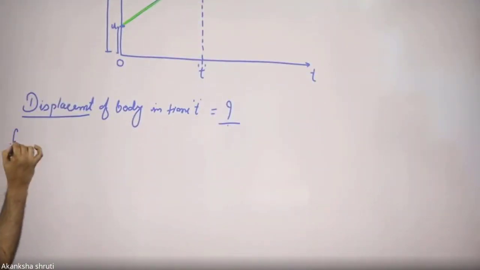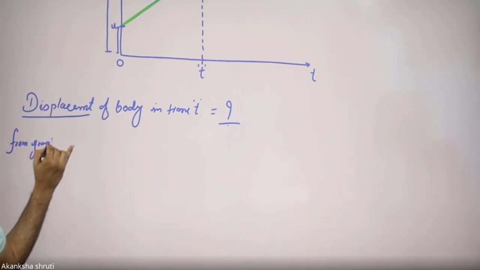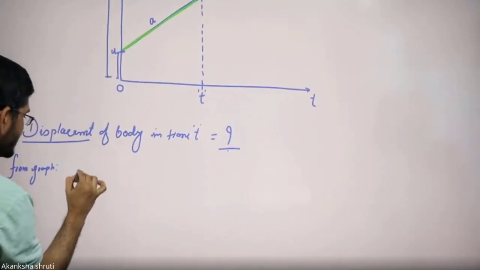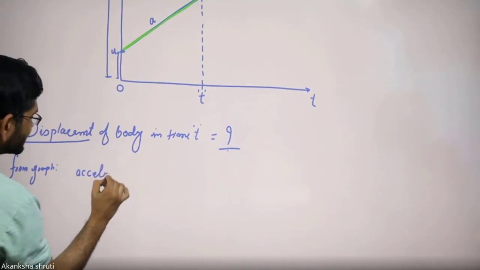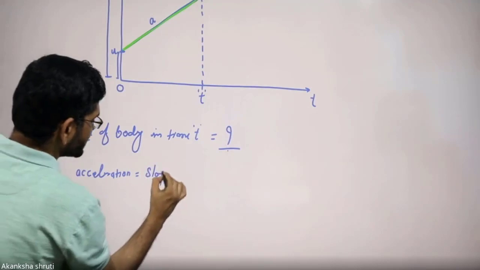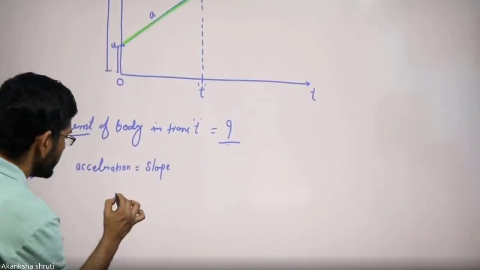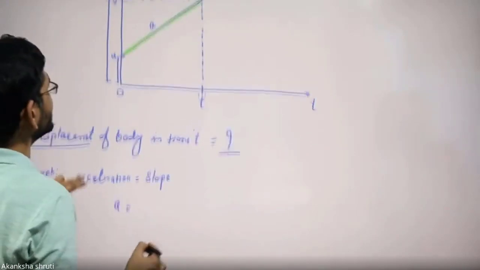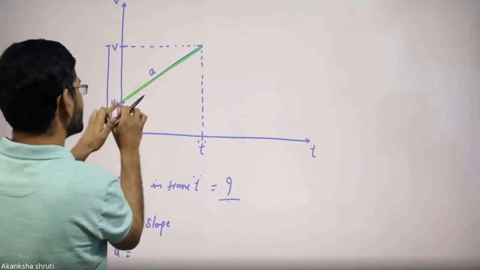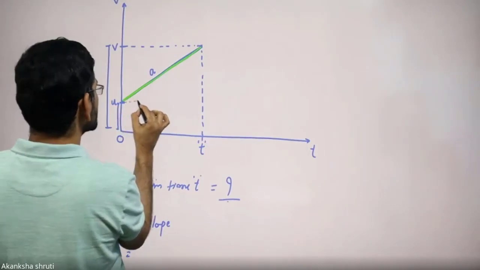So from the plot that we have drawn, acceleration is given by the slope of this graph. Acceleration A is obtained by making a triangle from this u till v. For that, let us construct a triangle.